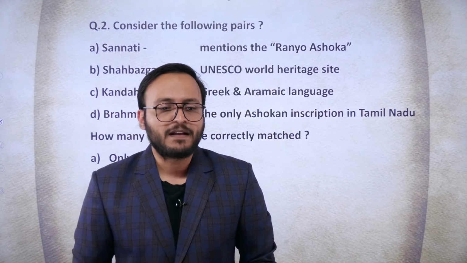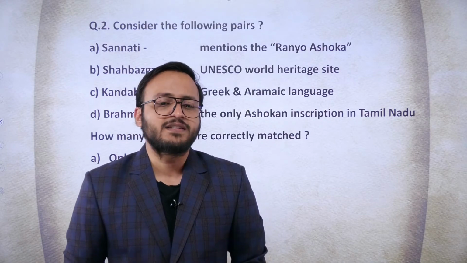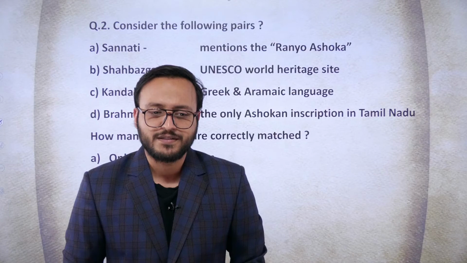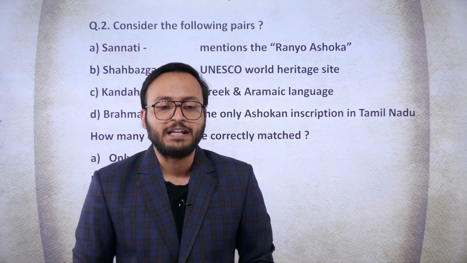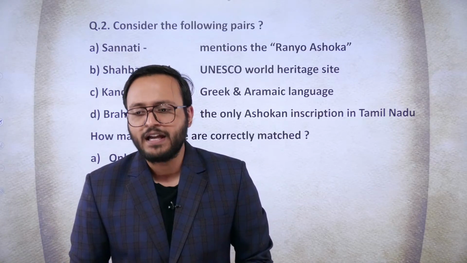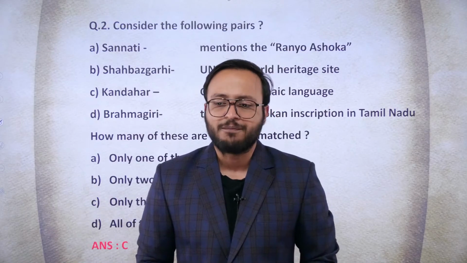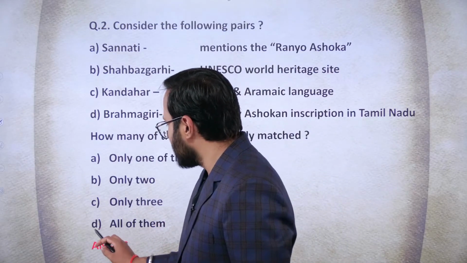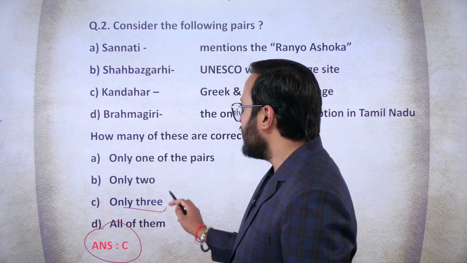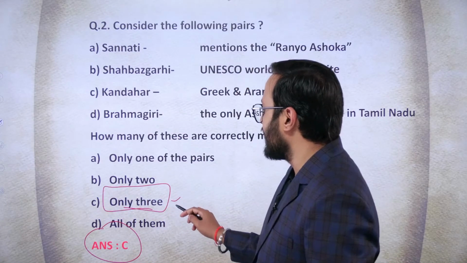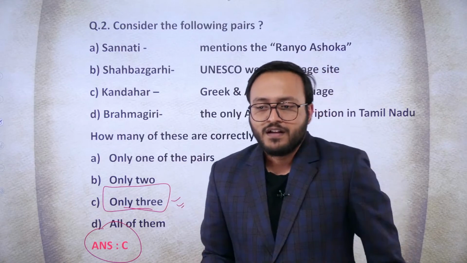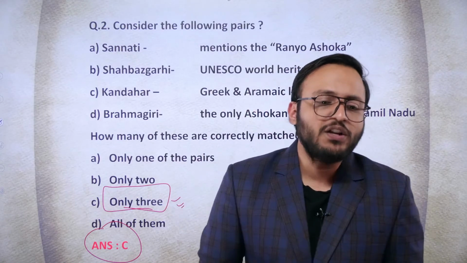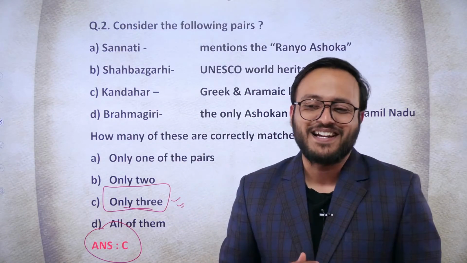Then there is Kandahar that mentions the Greek and Aramaic languages. And then there is Brahmagiri. So which of the following are correctly matched? Okay, the right answer is option C. Only 3 of them are correctly matched. So now let me tell you which three of them are correctly matched.